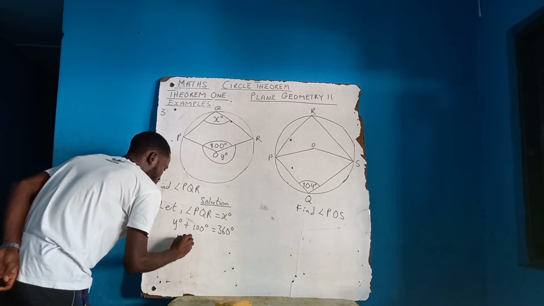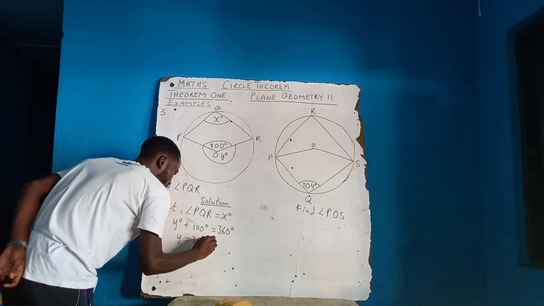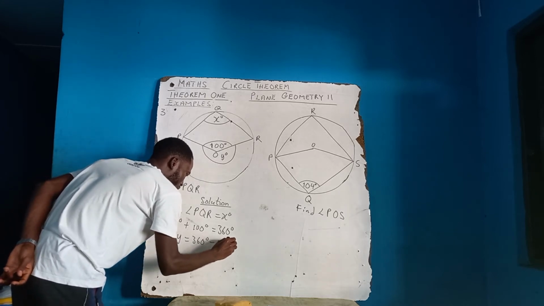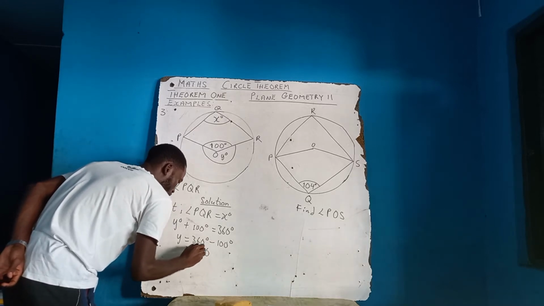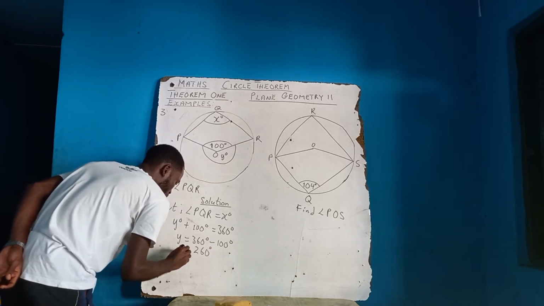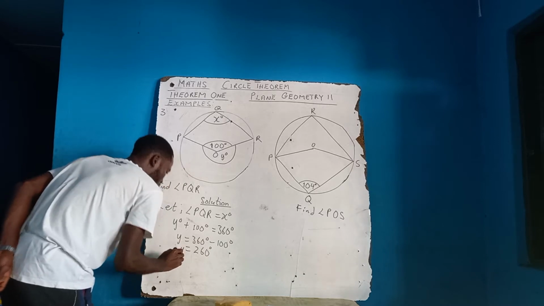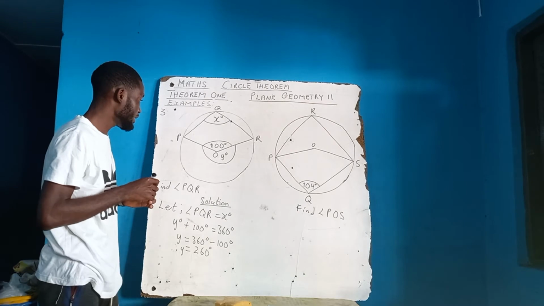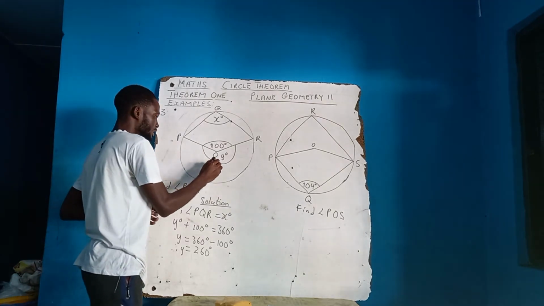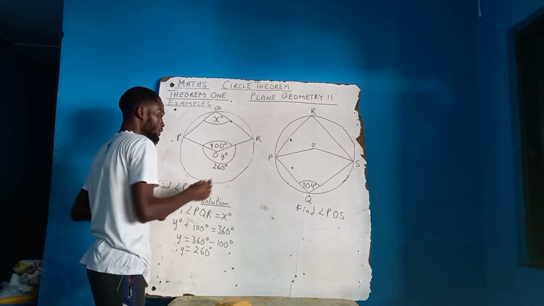Then y is equal to 360 degrees minus 100 degrees, which gives me 260 degrees. So I could state it here, 260 degrees.